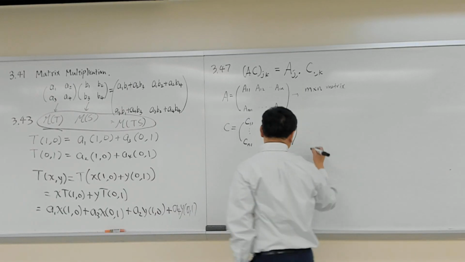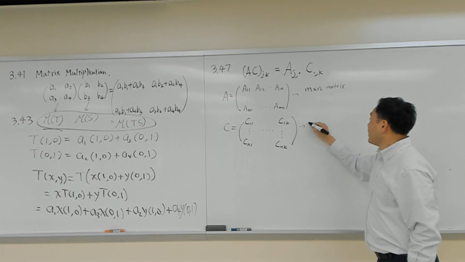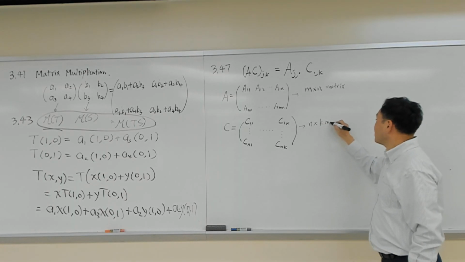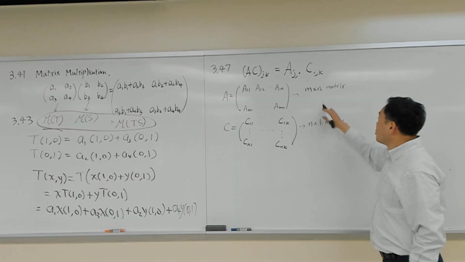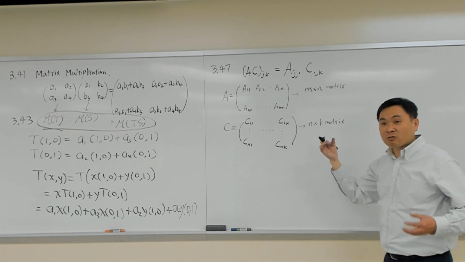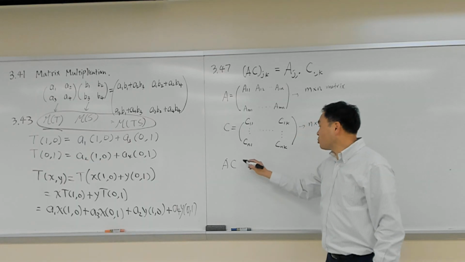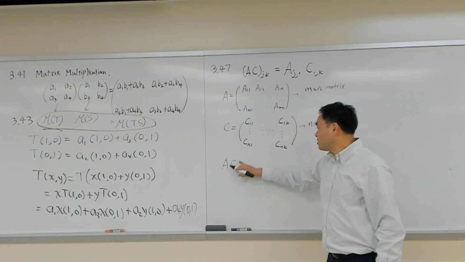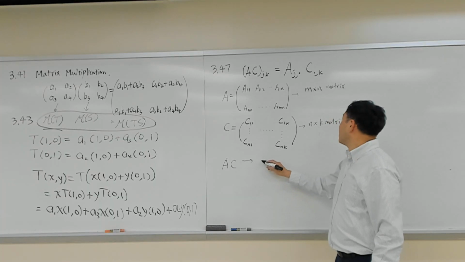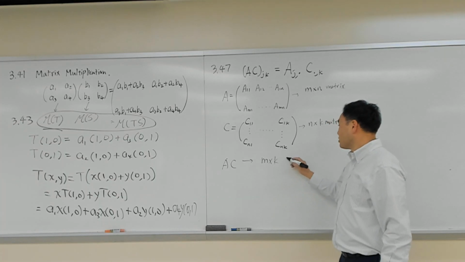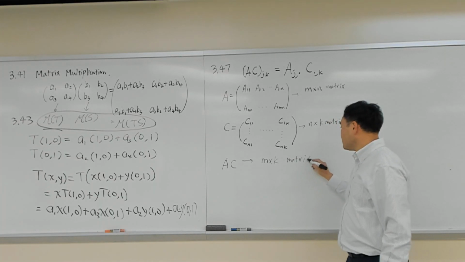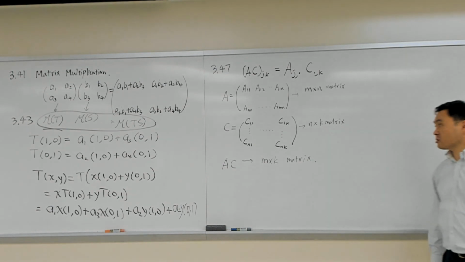So this has to be an N by K matrix, and only when the inner dimensions match can you multiply the two, and the result is an M by K matrix. That's what you get. Okay, so that's what you learned before.